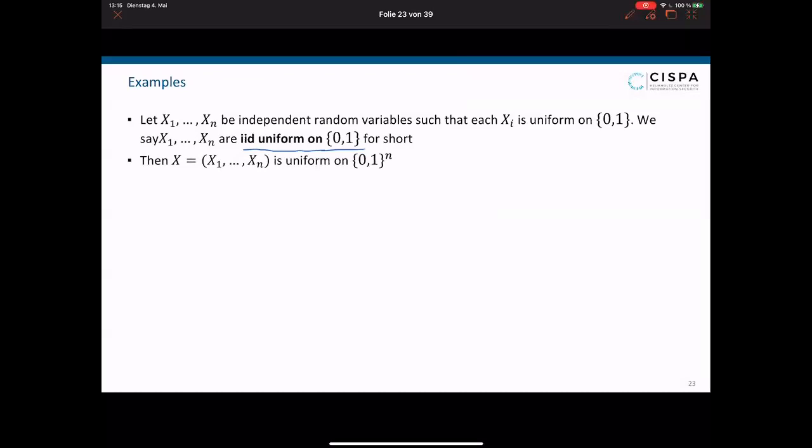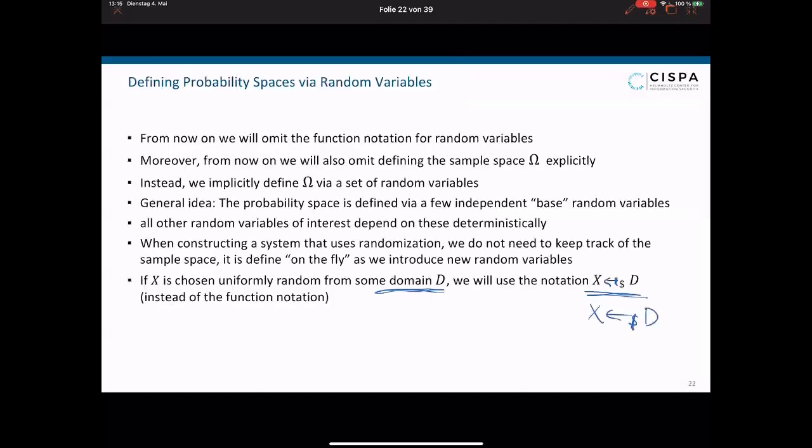So there's a question, what does uniform exactly mean?